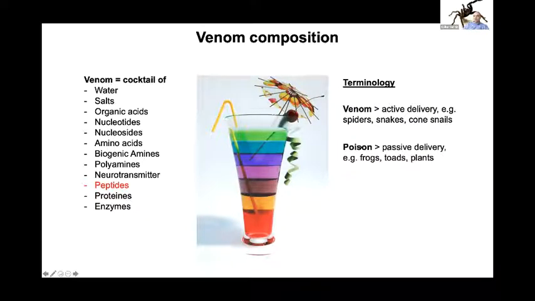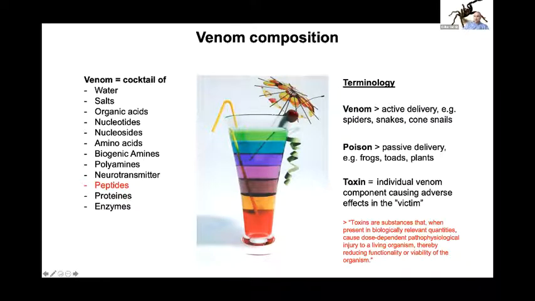Just to get the two terms right. The term toxin means one individual component. It can be one peptide, one polyamine, or one protein from a venom, and that component has to cause an adverse effect in the victim. I put the proper definition below.